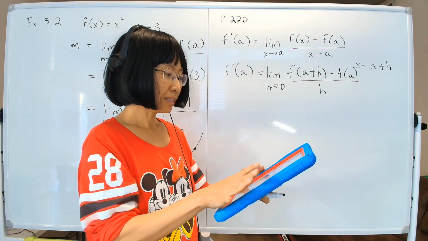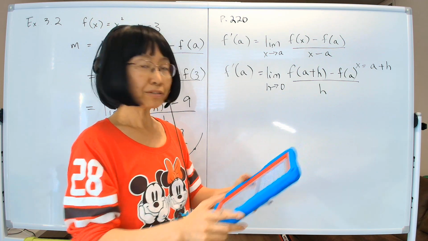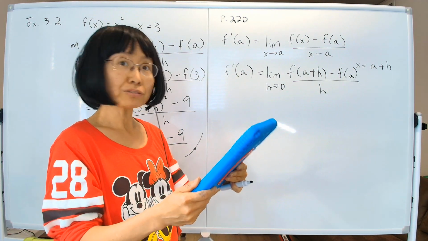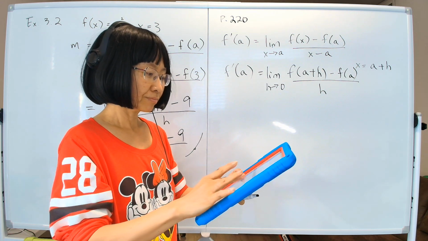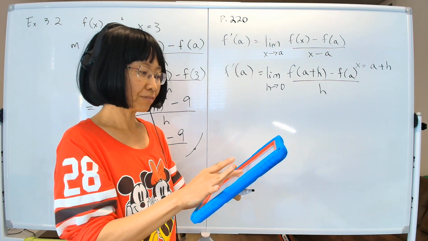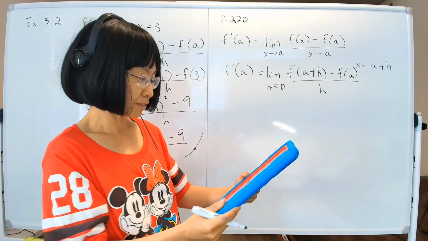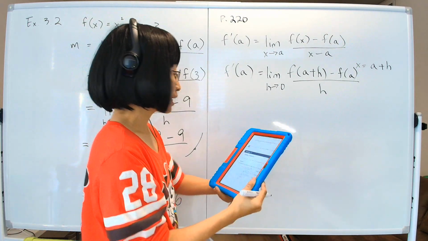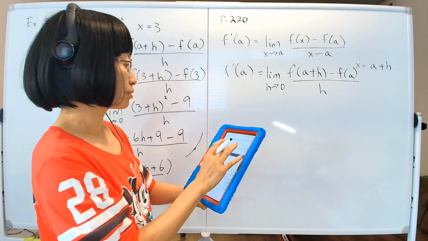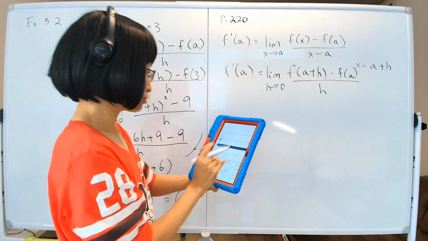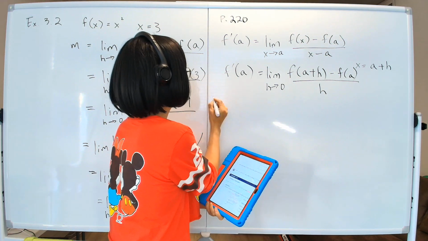Now that we know what a derivative is, here's the big fancy definition. Let's do something about it. We'll find the derivative of something. We're doing example 3.5, which is next to page 220, maybe a page later.